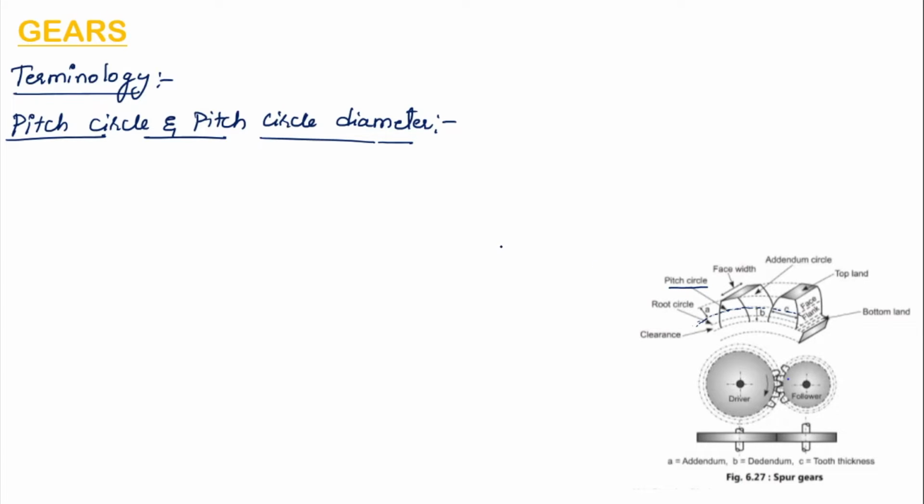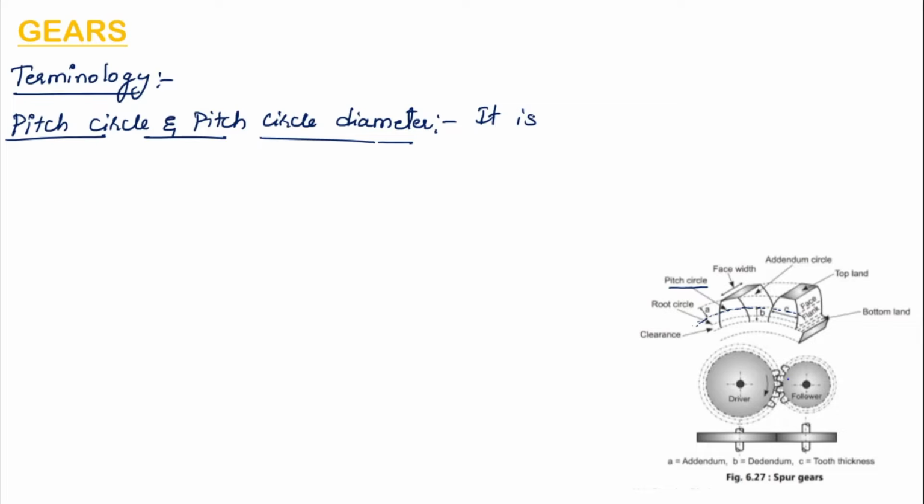The pitch circle is an imaginary circle which can be produced by rolling action. Here you can see this is the pitch circle, which passes exactly through the center of the teeth.